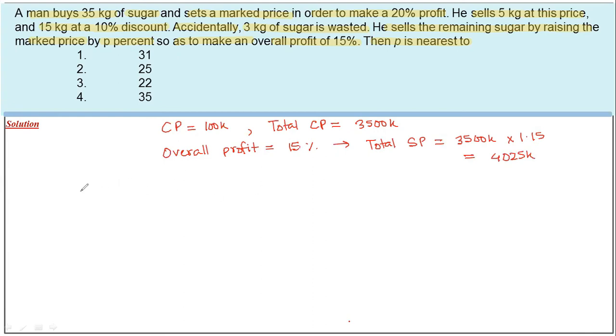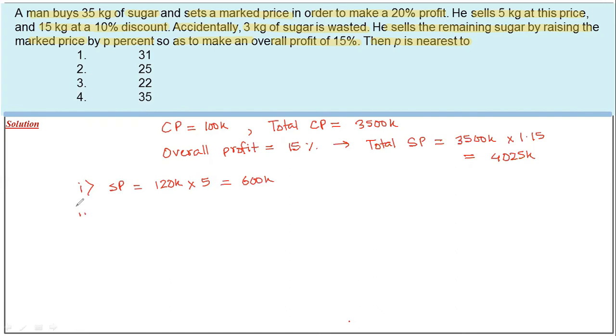Okay, now in the first case, the selling price is 120k because he wants to make a 20% profit. Now at 120k price, 5 kg of sugar is sold, so totally 600k.